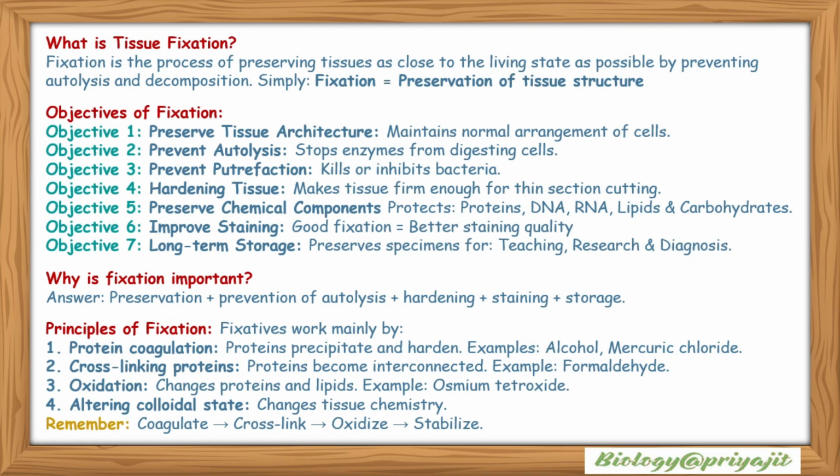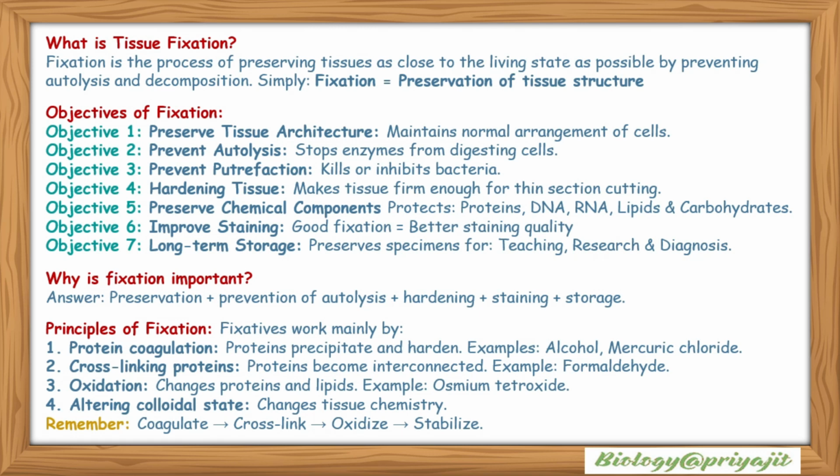Fixation is the process of preserving tissues as close to the living state as possible by preventing autolysis and decomposition. Simply, fixation is equal to preservation of tissue structure. Objectives of fixation: preserve tissue architecture, maintain normal arrangement of cells, prevent autolysis, stop enzymes from digesting cells, prevent putrefaction, kill or inhibit bacteria.